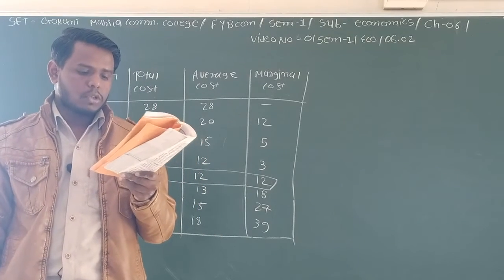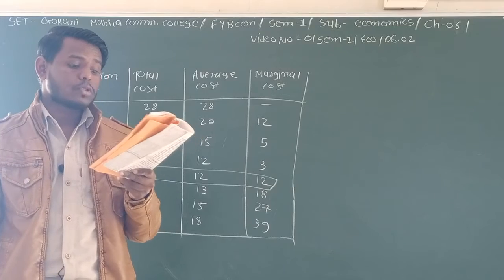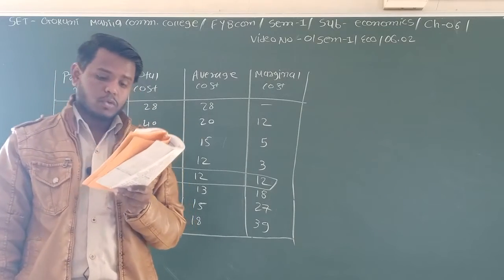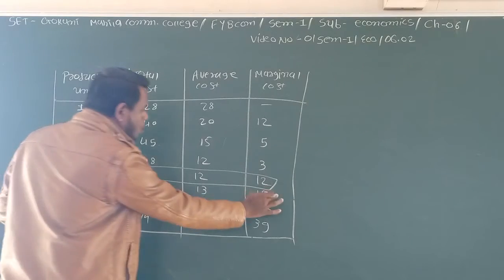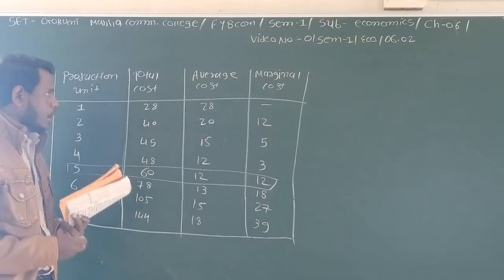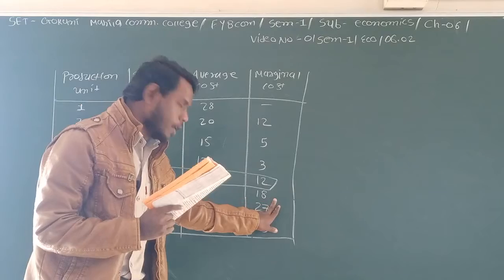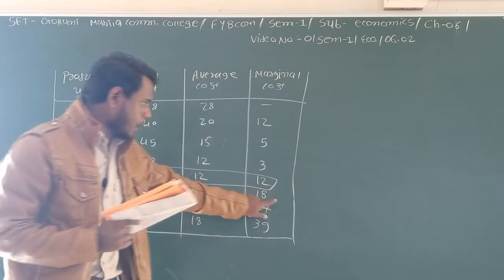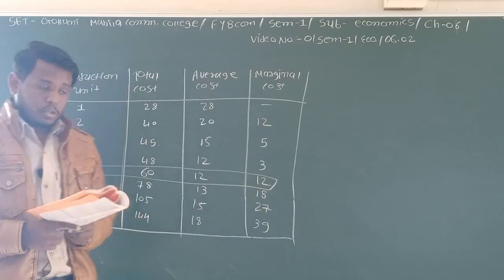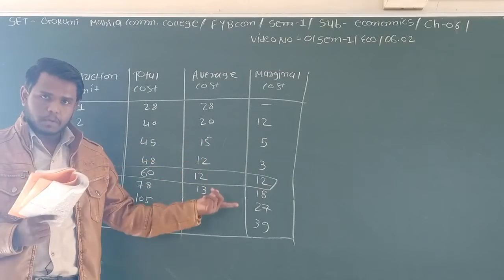Marginal cost is more than average cost. Marginal cost can be higher than average cost from the 6th unit to the 8th unit. Here marginal cost is 80 and average cost is 30. So 18 is higher than 13. Marginal cost can also be higher.